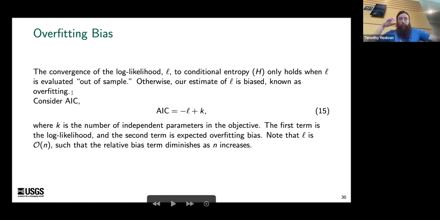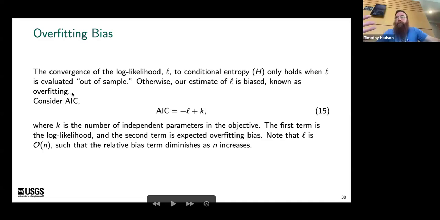Right. Okay. So this convergence between the log likelihood and the conditional entropy, I'm glossing over a couple of details, but it only holds when you're doing cross validation. So if you're doing cross validation, you don't technically need to compute the AIC.